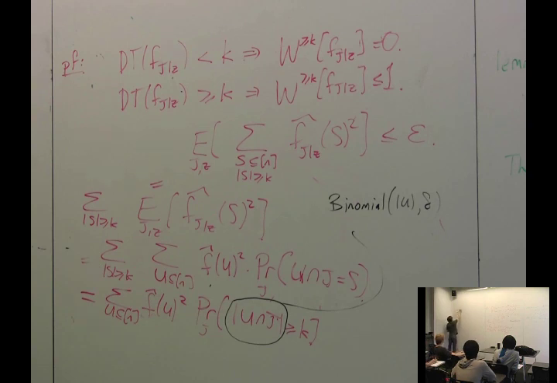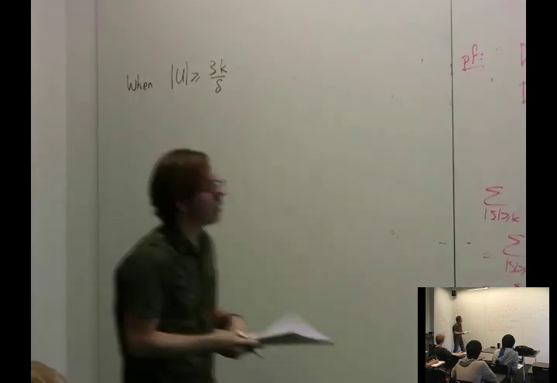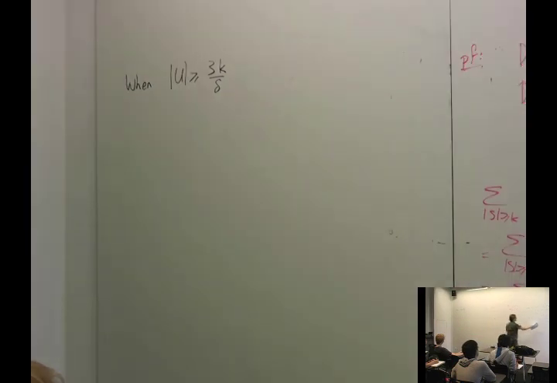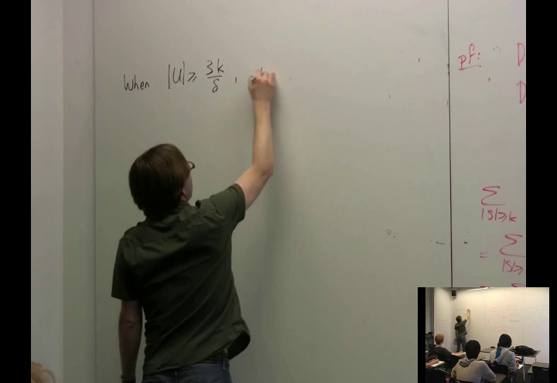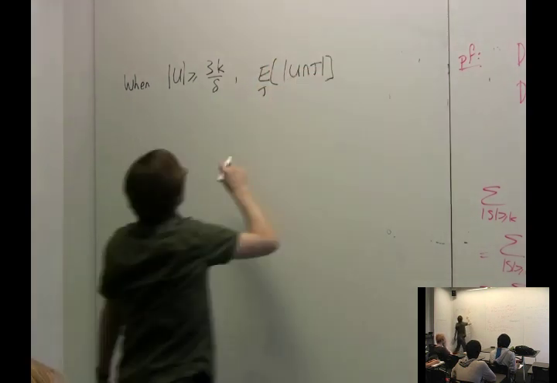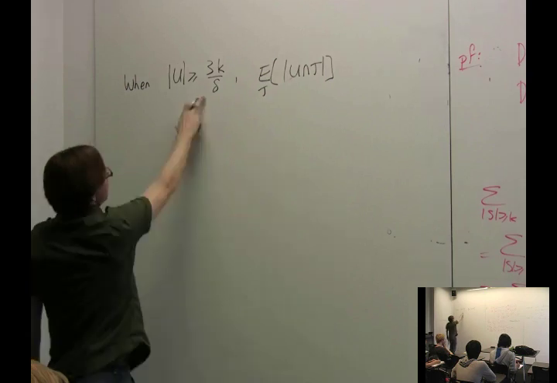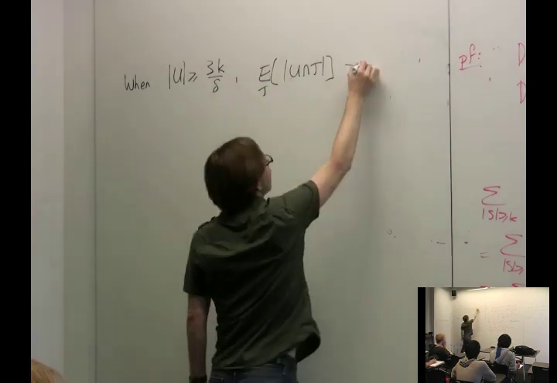When U is a set whose cardinality is at least 3k over delta, that's kind of what we're ultimately interested in. We know that the expected value over j of the cardinality of u intersect j is binomial with parameter delta in this number of trials, so it's at least 3k.